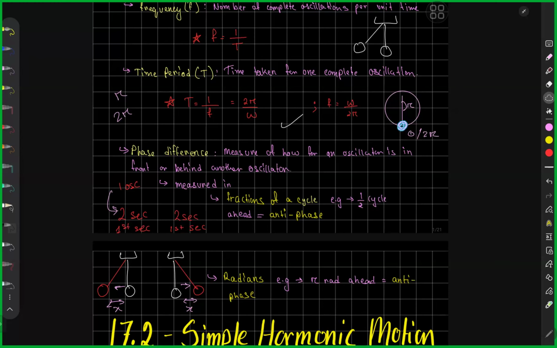If I have a clockwise motion, at pi radians it wants to move in which direction? Rightwards. And over here, it wants to move leftwards. So they are completely out of phase, and they're moving in different directions.